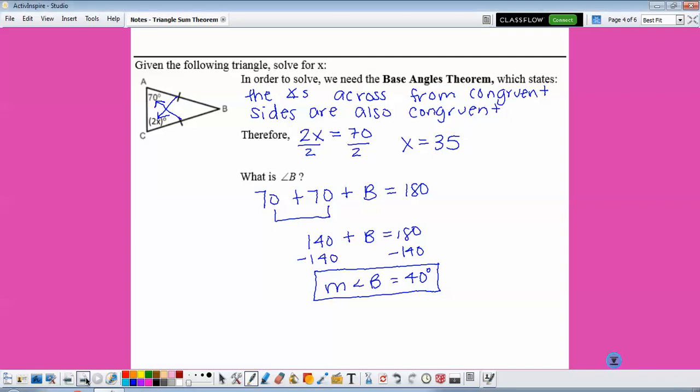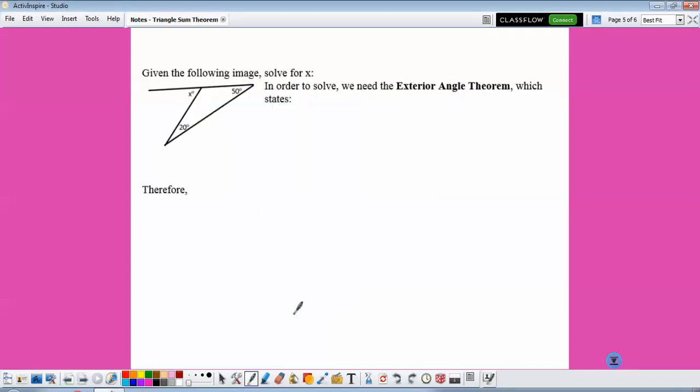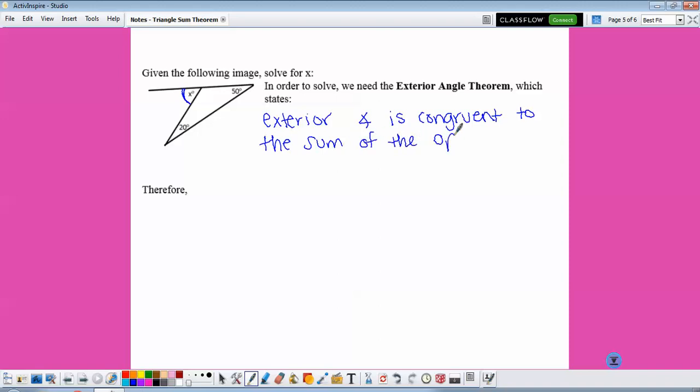Our next theorem deals with exterior angles. So if we have x out here, how do we find that if we know these two interior angles? So the exterior, meaning outside, angle is congruent to the sum of the opposite interior angles.